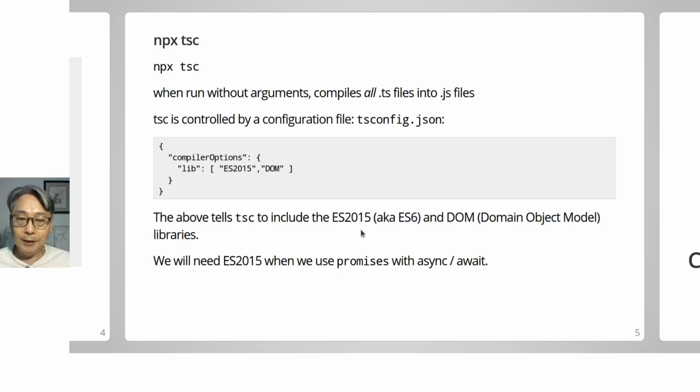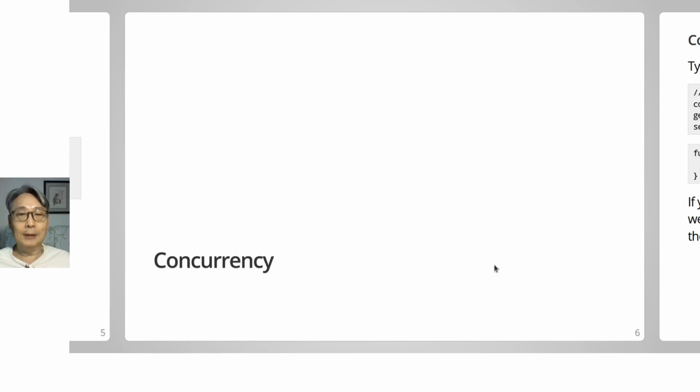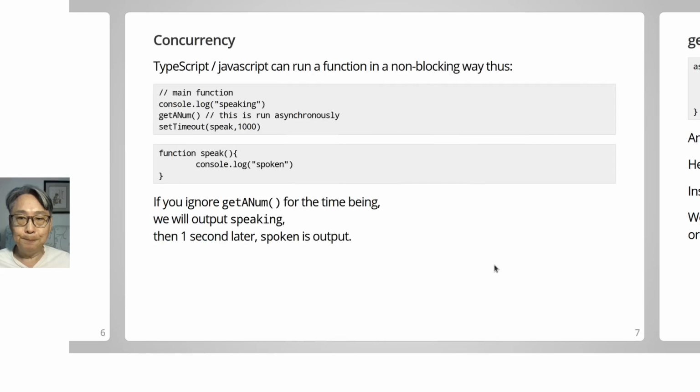ES 2015 is also known as ES6, but this is the more modern name. We will need the ES6 or ES 2015 library when we use promises with async and await, async functions. So now let's dive into concurrency.